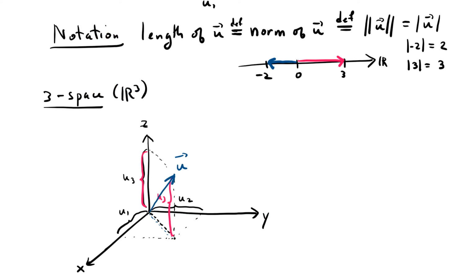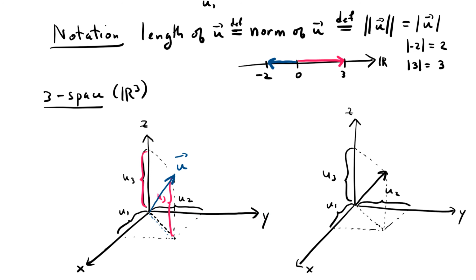So two things to notice. Well, maybe I'll redraw this so that I can remove some of the things that I've labeled on the diagram, so that you can have a clearer idea of what's going on. Okay, now there are two triangles I want to look at. This one, and because this side here is the projection of u onto the xy plane, this is actually a right angle.